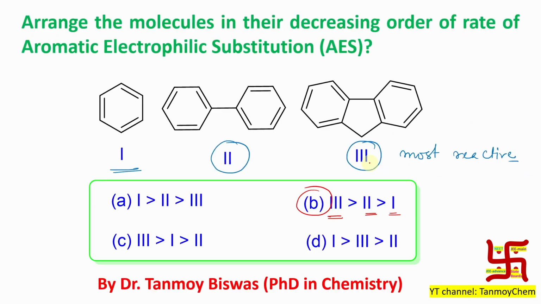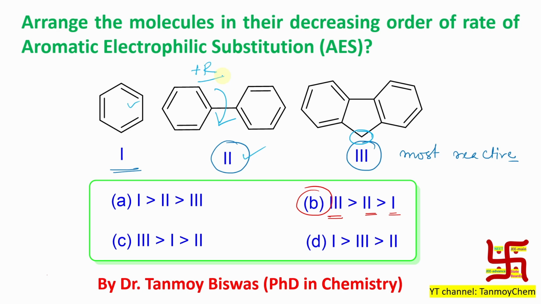This is because of the rigid structure. Now if this question appears in your exam, how can you solve it in less than 30 seconds? For that purpose student, you need to have an understanding about the rigidity, C-C bond rotation and the additional benzene ring. Compared to benzene, both 2 and 3 will be more reactive because the additional benzene ring can display a plus R effect. Point number 1.